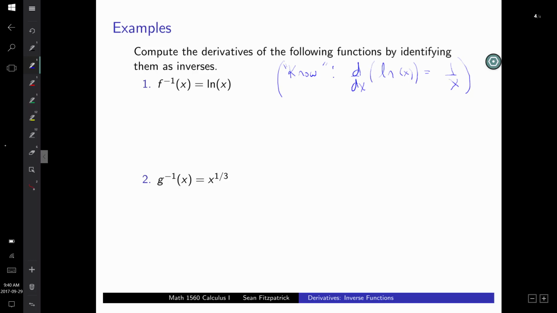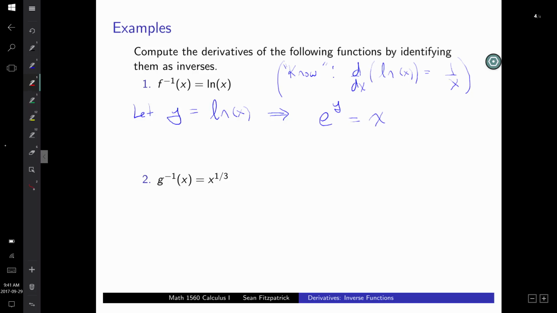Well, what we do is we let y equal the natural log of x, and rather than using that formula I gave you on the previous slide, I'm going to follow the method I used to obtain the formula. I'm going to use the fact that the natural log is the inverse of the exponential function. So I can take e of both sides, right? Saying that y equals the natural log of x is the same thing as saying that e to the y equals x.